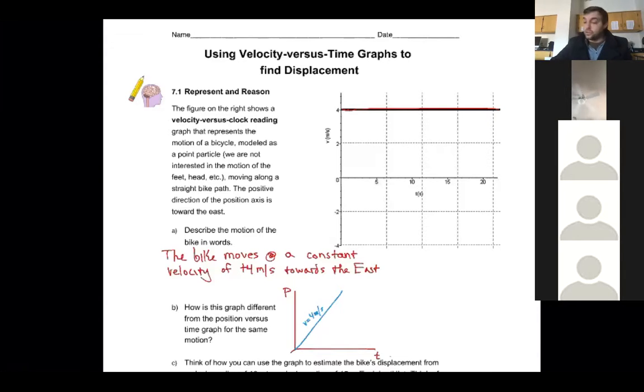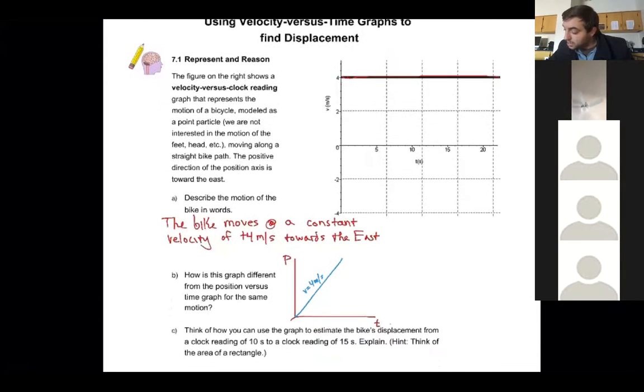If I have a position versus time graph that starts out with a parabola with a curve to it like that, my velocity versus time graph is going to be a straight line. Again, the flattening of the curve. I go from a curve to a straight line, and on the position versus time, I go from the straight line to the flat line. Just a general flattening of the curve I keep talking about, and I hope that you guys understand what I'm saying.